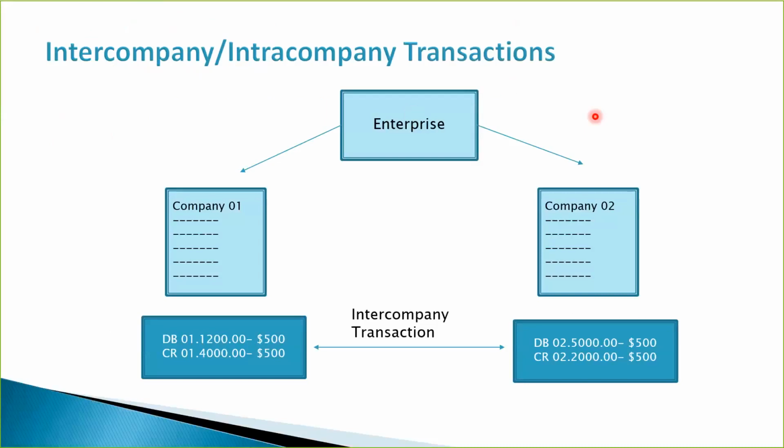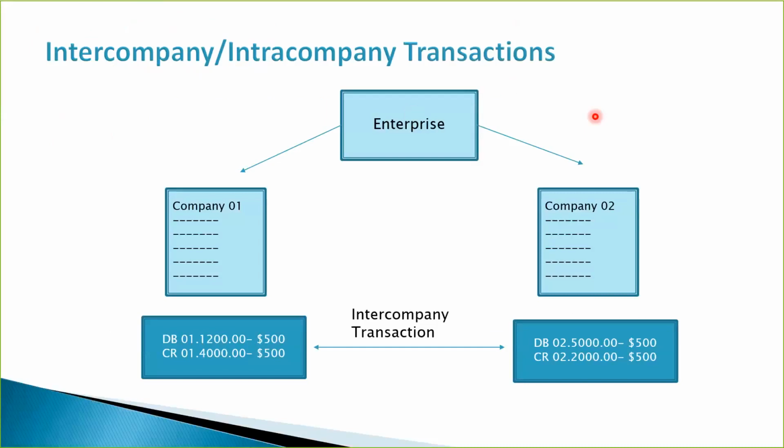However, as an introduction, what should we understand an intercompany transaction to be? This definition that I'm giving at the moment, like I said, covers both intercompany and intracompany.